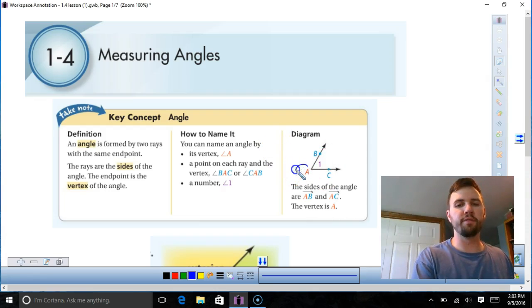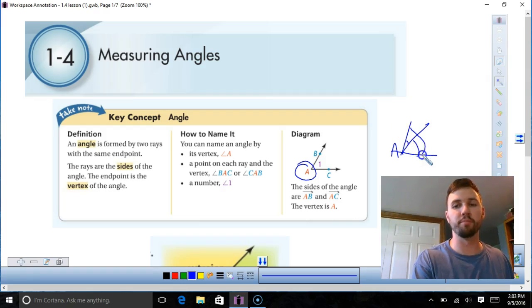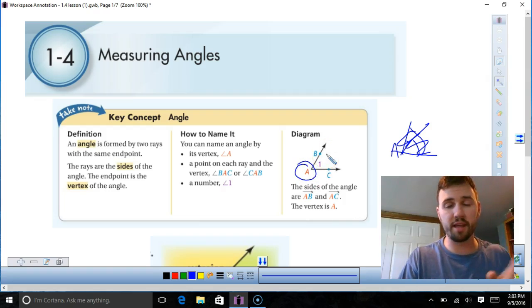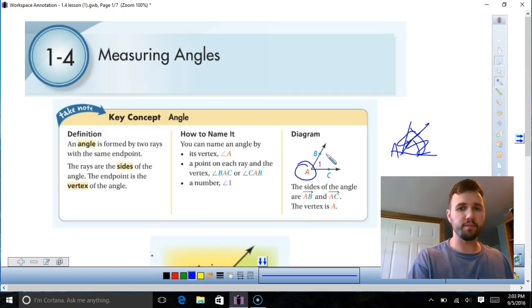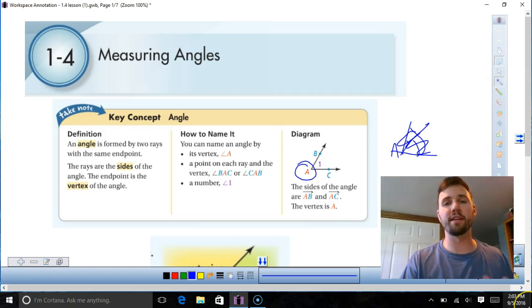One way to name it, if you only have one point, like there's only two rays, is by the one letter. You can't do this if there are more angles at that point, because you can't name it A if you don't know whether you're talking about this angle or the big one. But if there's only one option, you can just call it by the one letter, the point at which the rays meet. The other way is sometimes there'll be a number in there, and you can just use that number or identification symbol.